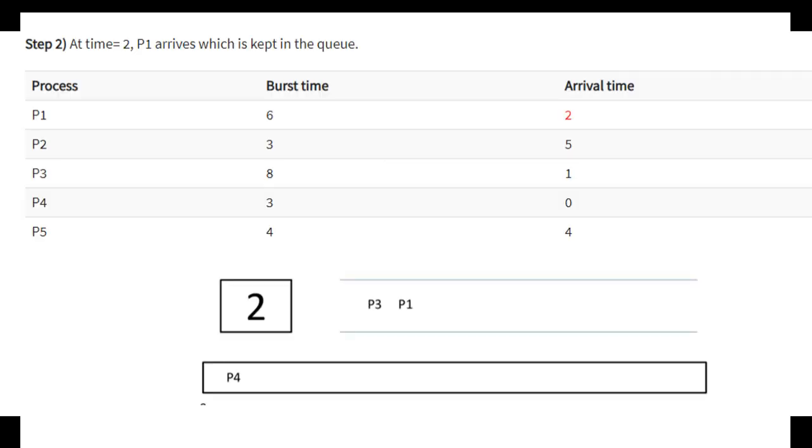Step 2, at time 2, P1 arrives, which is kept in the queue.